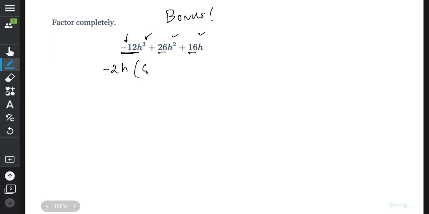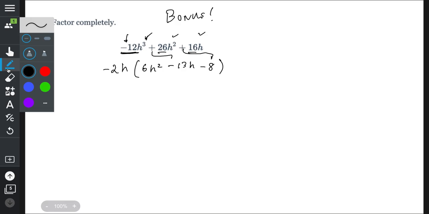Okay? This is going to be 6H squared. I'm going to change that sign to negative 13H. Change this sign to negative as well. And it's going to be 8. The reason this is hard, the GCF part is not going to be too hard.